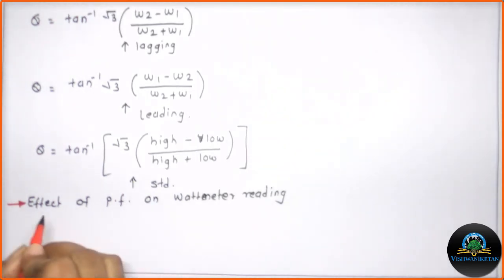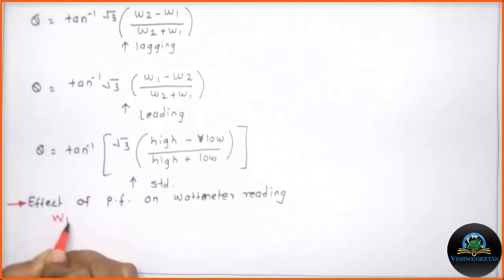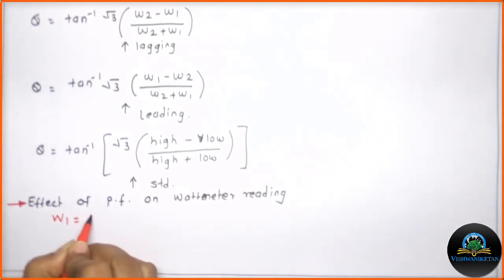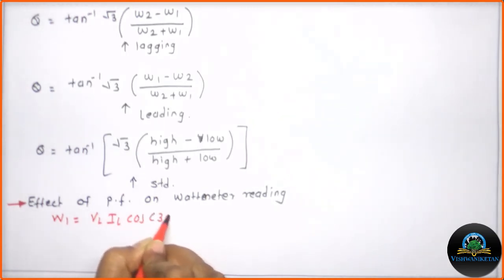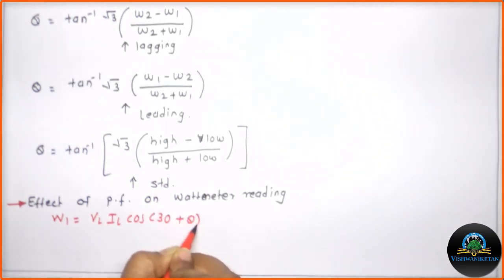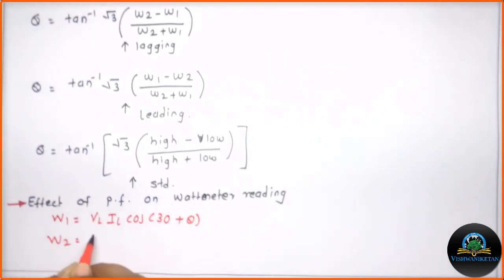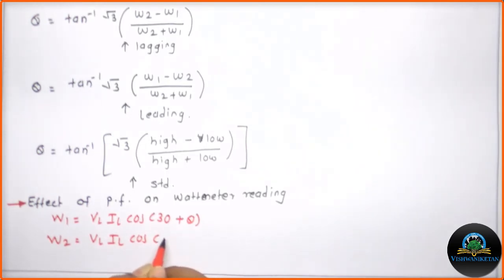The standard equation of W1, already derived in the previous part, is VL IL cos(30 plus theta), and W2 is equal to VL IL cos(30 minus theta). These are my two standard equations, and based on them I can find out the effect of the power factor on the different loads.